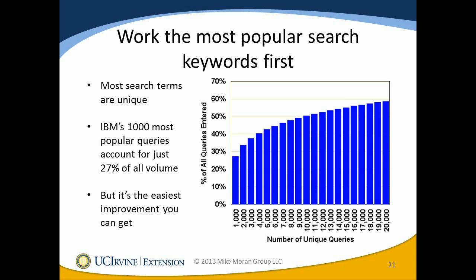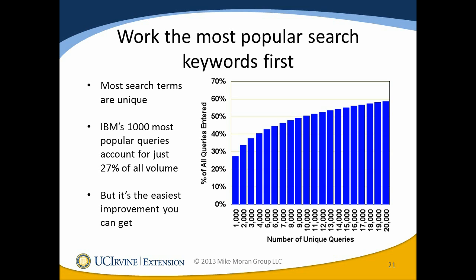So in this chart, we can show you that if you look at the top 1,000 keywords, when I was working on IBM's site, those top 1,000 accounted for 27% of the volume, which doesn't sound like very much. You might think it would be a lot more, but the truth is, as you move from 2,000 to 3,000 to 4,000, all the way up to 20,000, you've not even hit 60% of the volume.